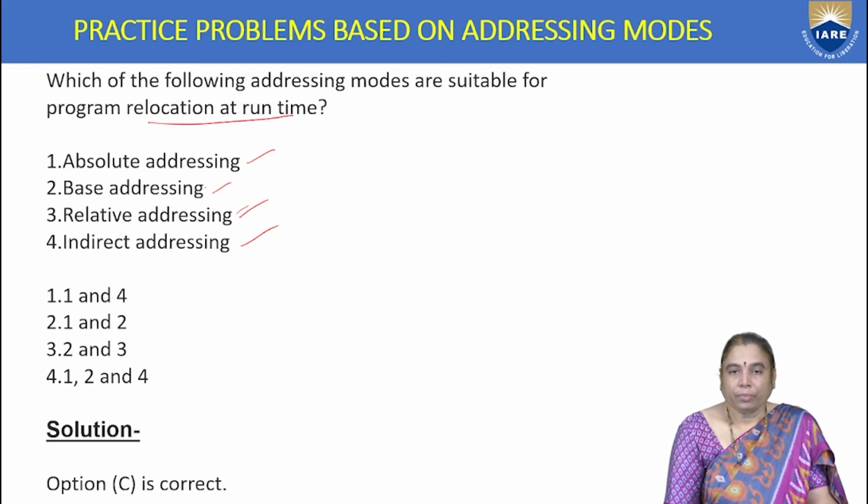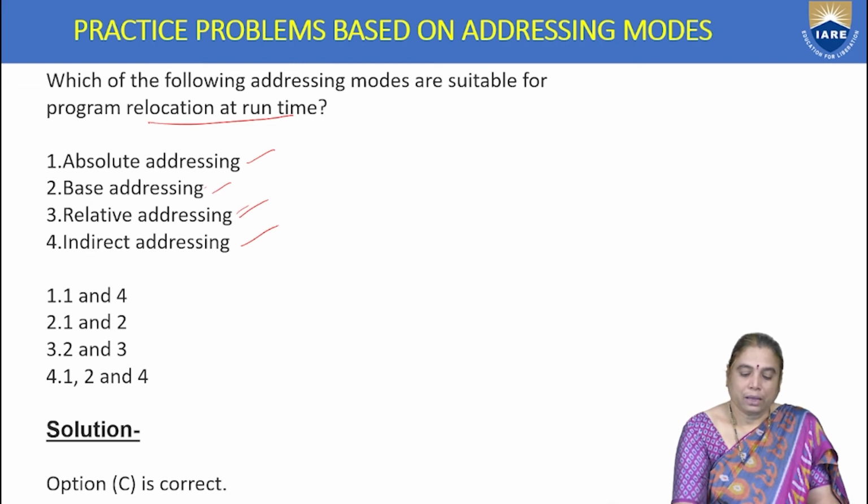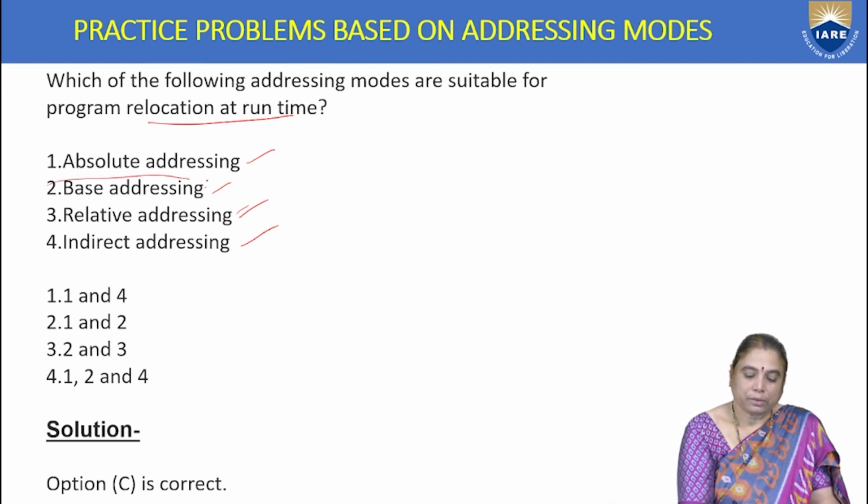Because in base addressing, the base register value is added with the address in order to calculate the effective address of the operand, so relocation is possible. In relative addressing also, the address specified in the instruction is added with the program counter. So relocation is possible in base addressing and relative addressing.